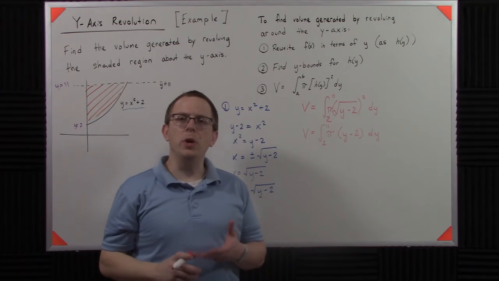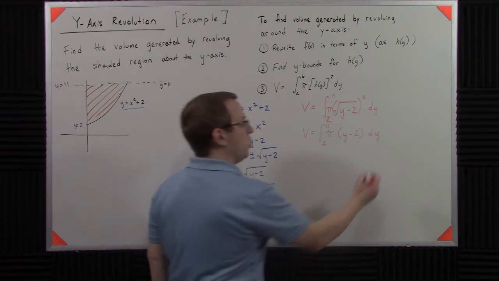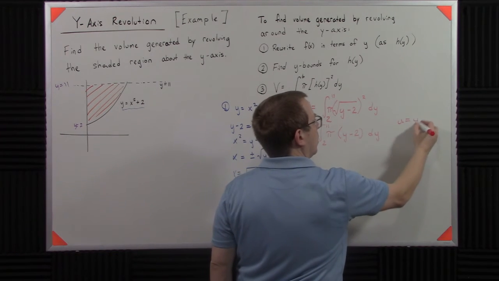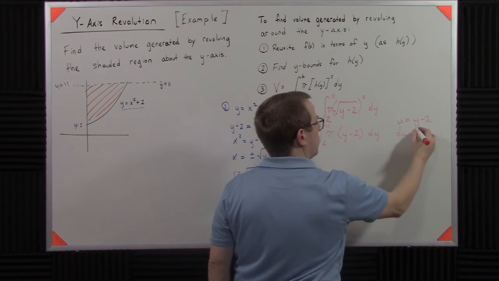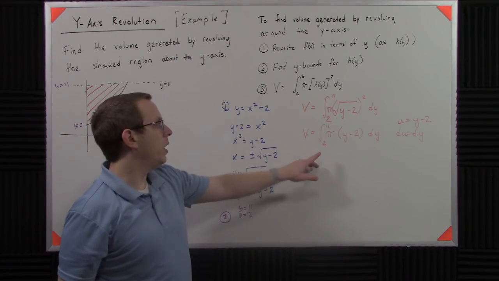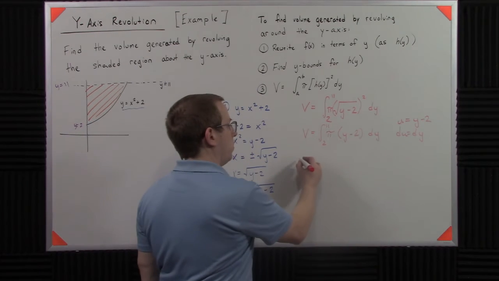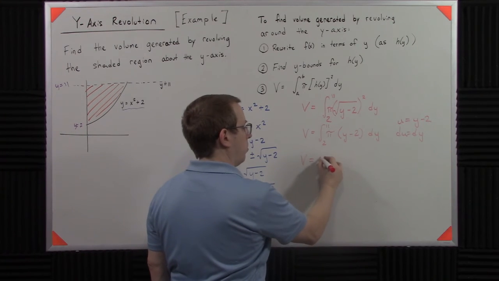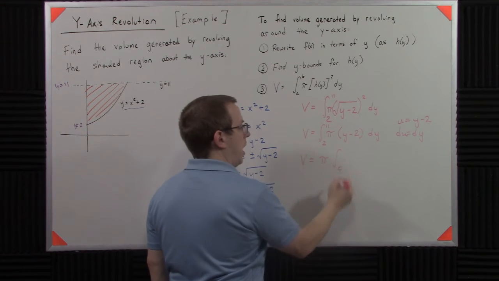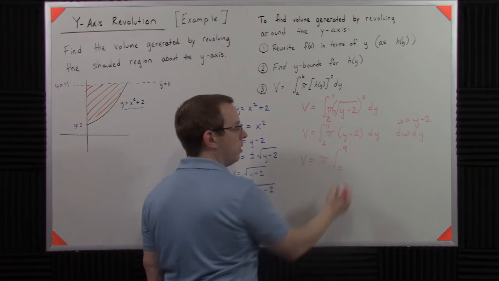At this point, we need to say, all right, let's use a substitution. We can say that u is y minus 2, du is dy, and when y is 2, that tells me u is 0. Pull that pi out there. And when y is 11, that tells me that u is 9.